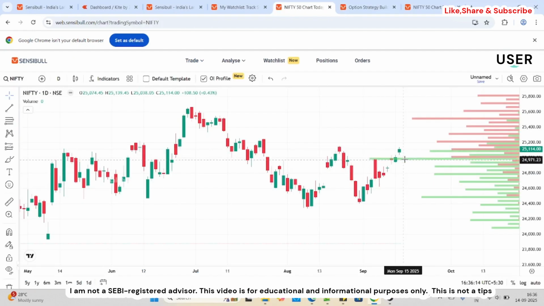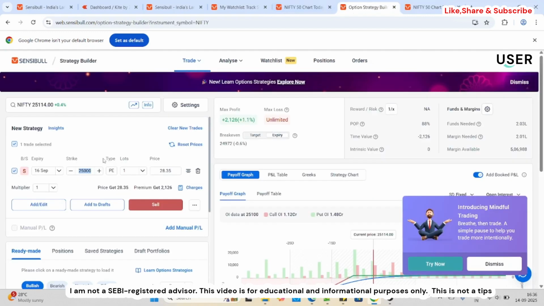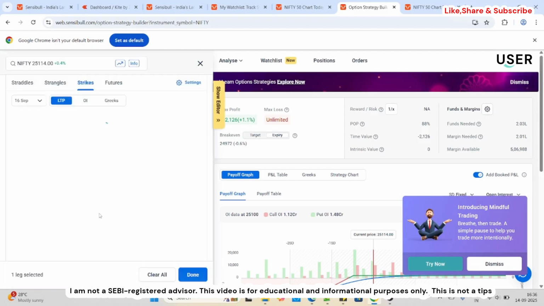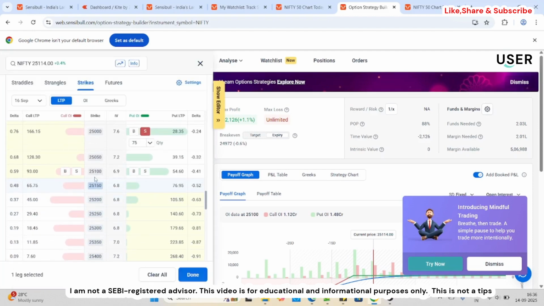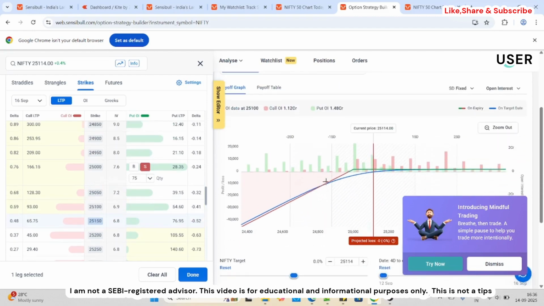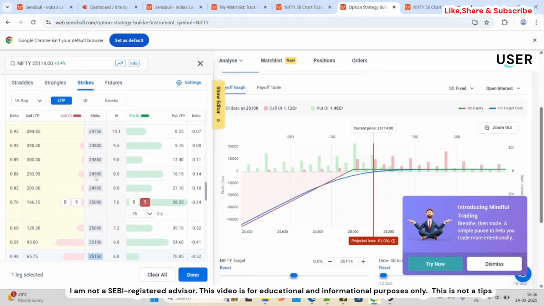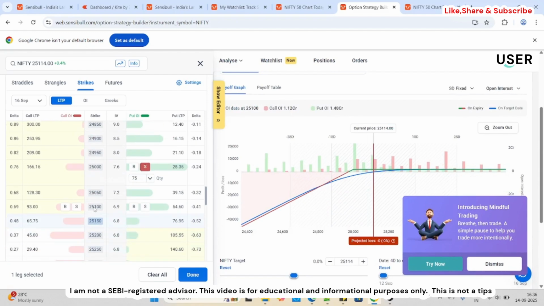Okay, so now people are sitting with some hedge positions only. Some of the people are taking this PE sell option directly, but some of the people are sitting with a PE sell with a somewhat hedged position. Hedged position means what? I'll explain quickly. So my wave is going up, right? So from here I'll be taking one PE buy option.